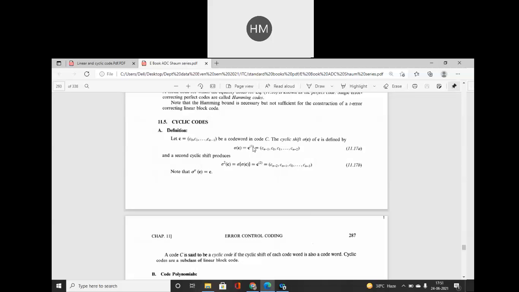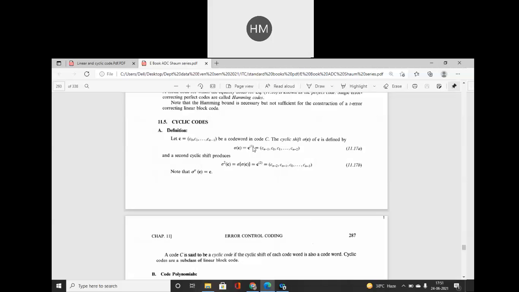By cyclically shifting the code word, by shifting right or left, any shifting we can do, if we can generate a code word which is already present in the list of code words generated, then it is known as cyclic codes. It is a subclass of your linear block code. Cyclic code is a subclass of your Hamming codes or linear block codes, LBC.